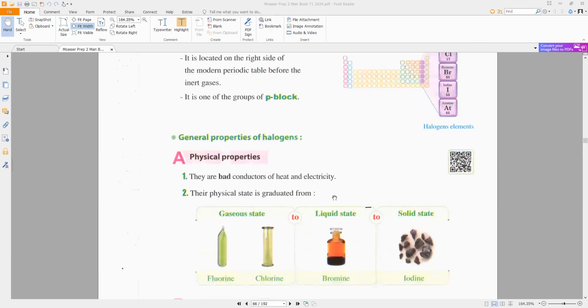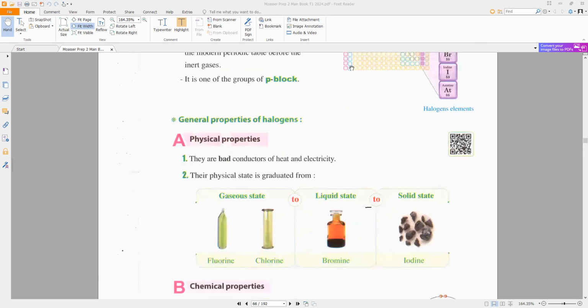Now its physical properties. We say that the alkali metal is a good conductor of heat and electricity. But the halogen is non-metal, so it's a bad conductor of heat and electricity. The alkali metals are solid and have metallic luster, but the halogens, some of them are gaseous, like fluorine and chlorine, which has a green color gas.